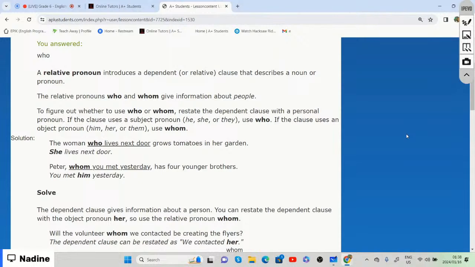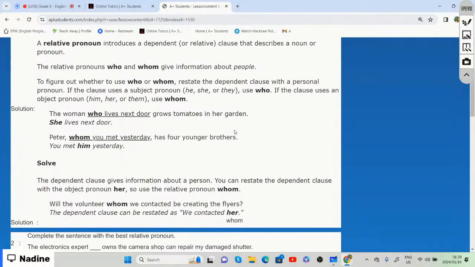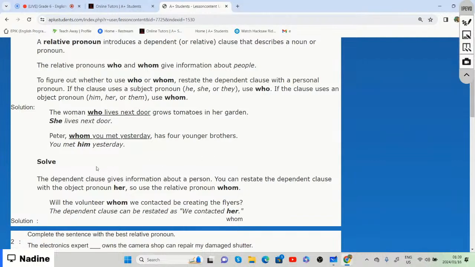So we need to choose the correct relative pronoun. All right. So basically, the man who lives next door grows tomatoes in his garden.